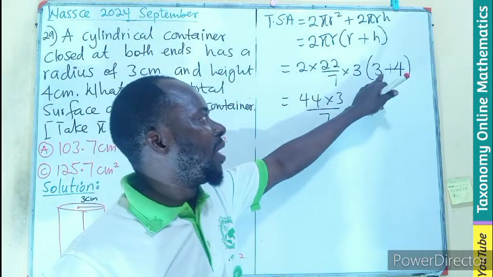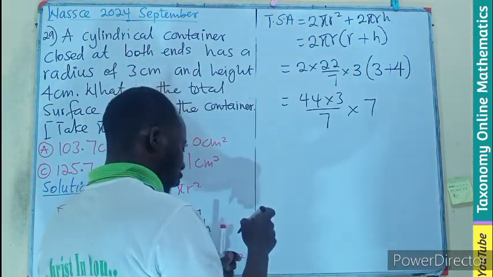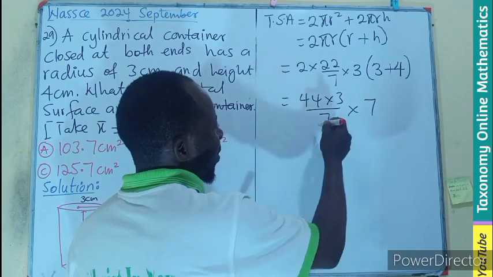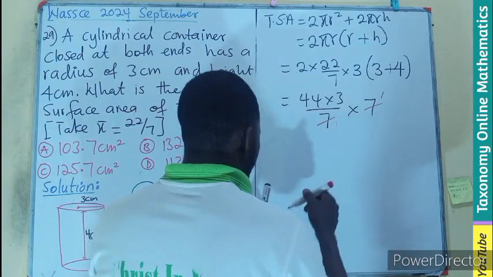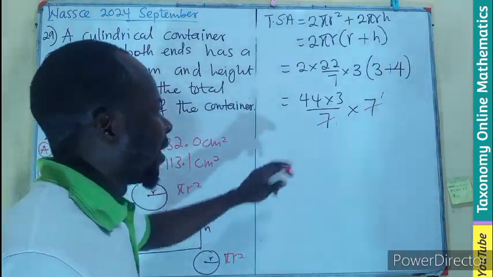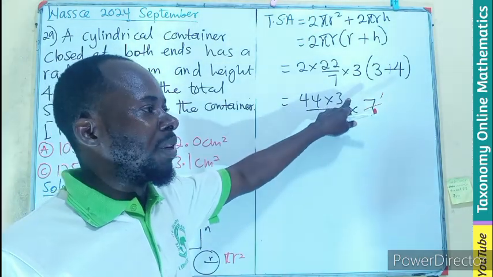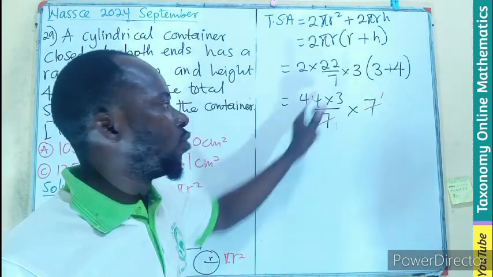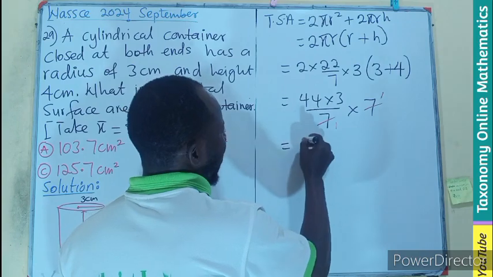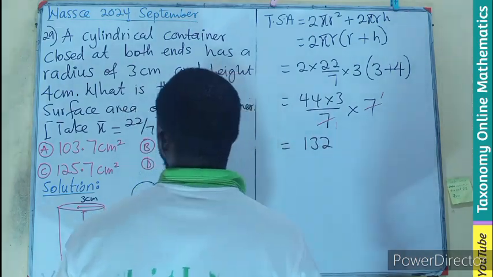In the bracket will be 3 plus 4, which is 7. So this will be cancelling to give us 1, 1. Then this is just like 44 times 3, which is 132.